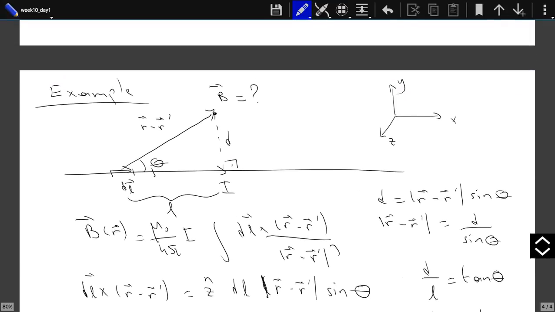Well, okay, since I already chose my x-axis over there, I would have probably chosen a dx over here in this direction. That would have made my life a lot easier, but I should have paid attention to this angle here.